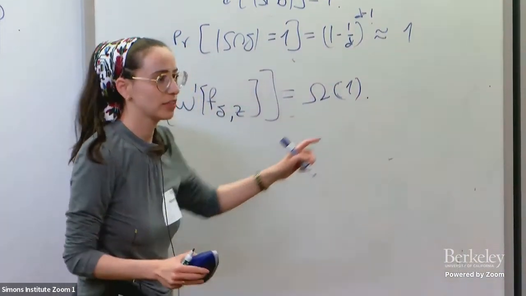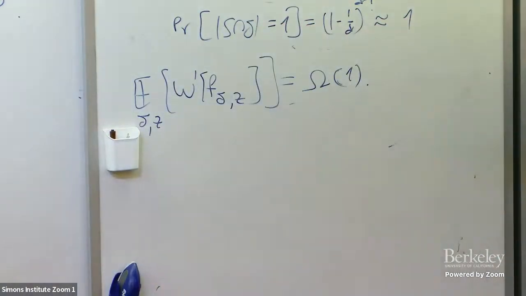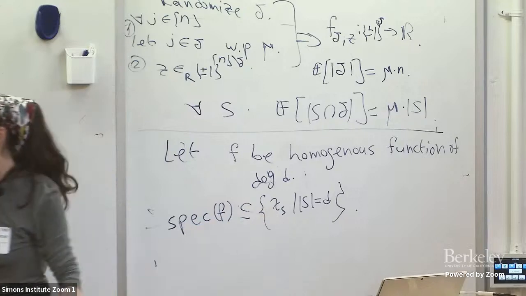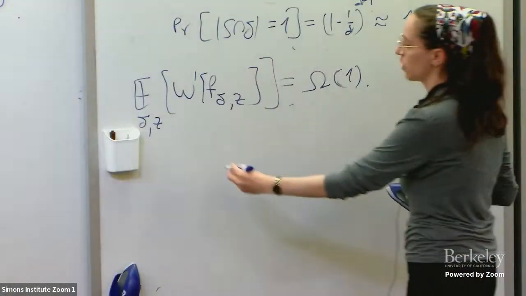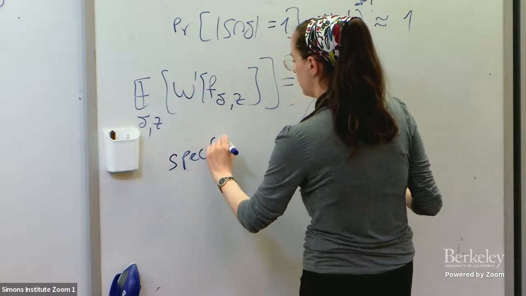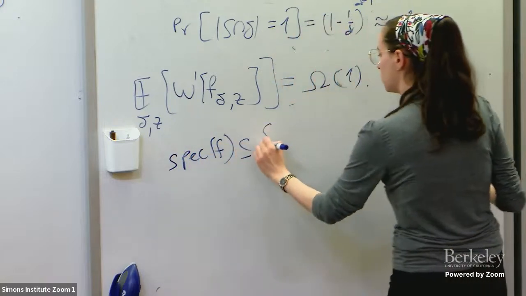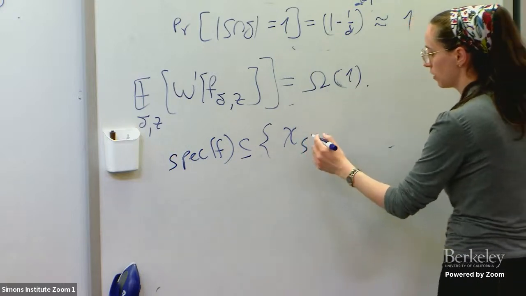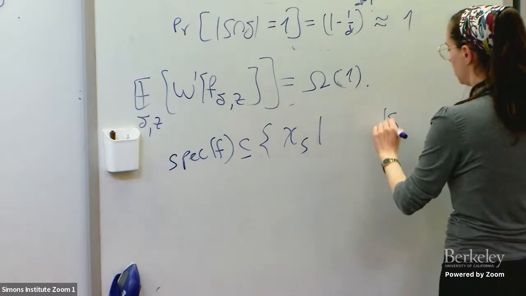And we can relax a little bit the requirement of f to be exactly homogeneous of degree d. Let's think of f such that every term of f has characters of size approximately d.